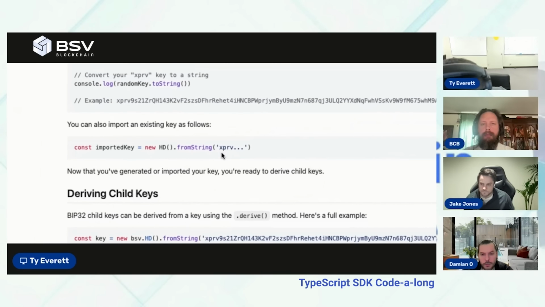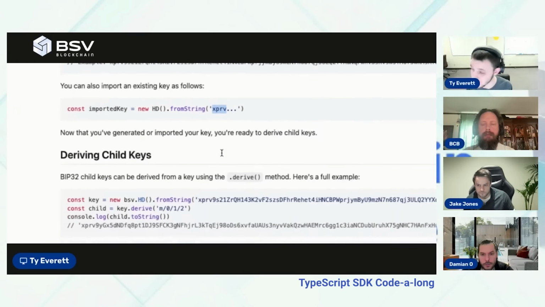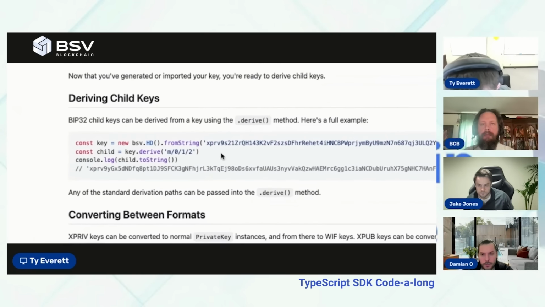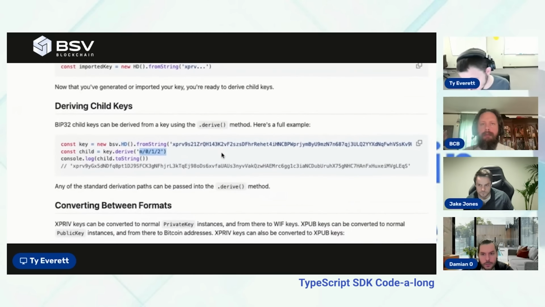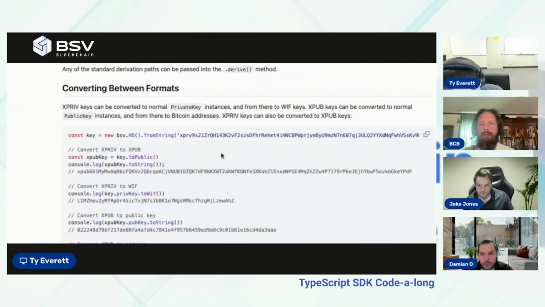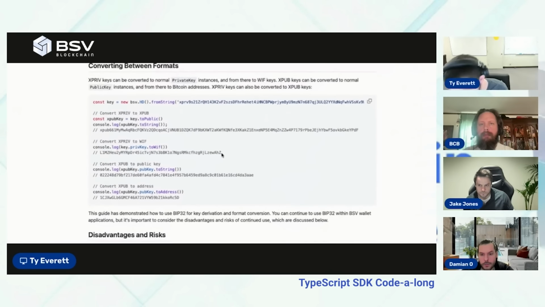Here is where we're actually importing a key from an xpriv string, and we're deriving some child keys here. So you can see our derivation strings, as everybody who uses BIP32 is familiar with. You can convert between formats. So here's some examples of doing that, and getting an address out of your BIP32 key.